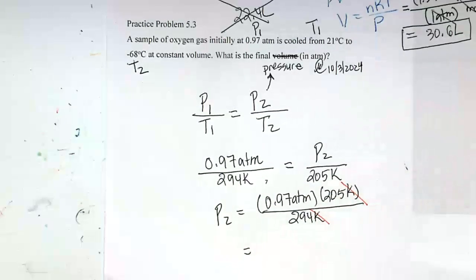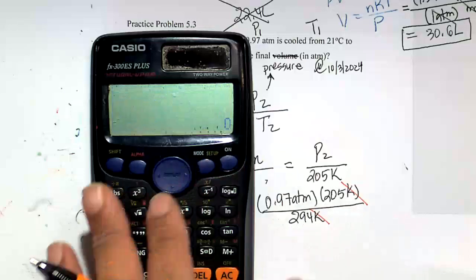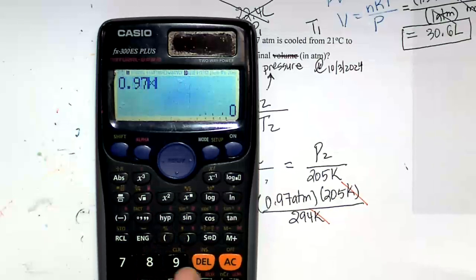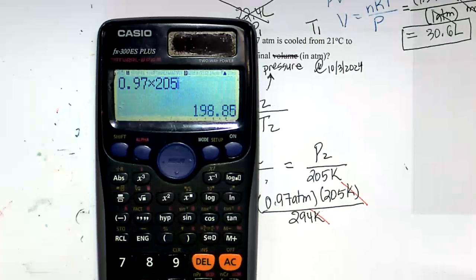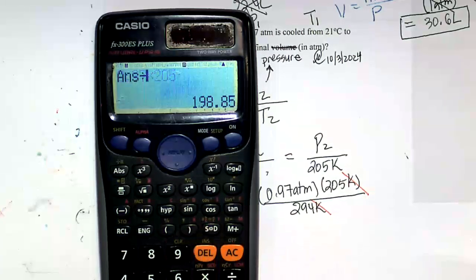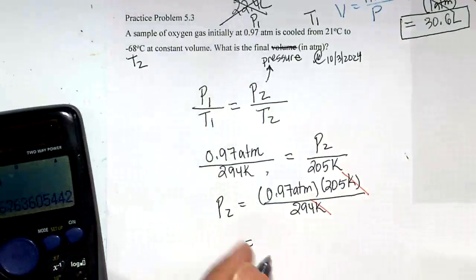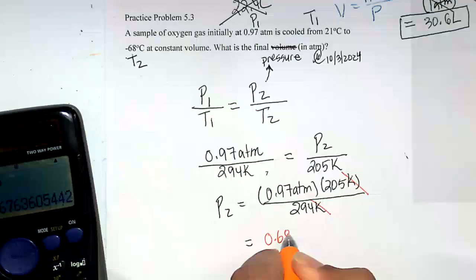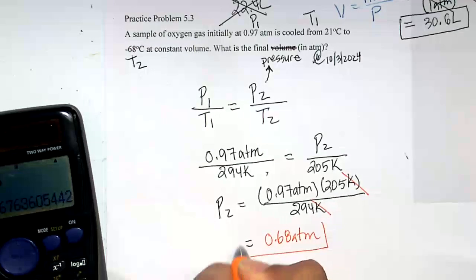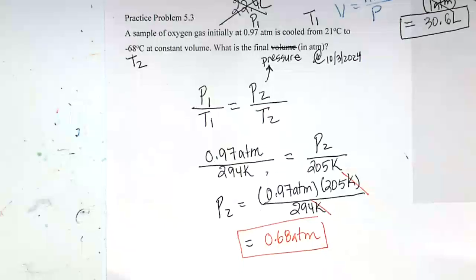And Kelvin cancels. 0.97 times 205 divided by 294, 0.68 atm. Okay, so this is using one of those gas laws.